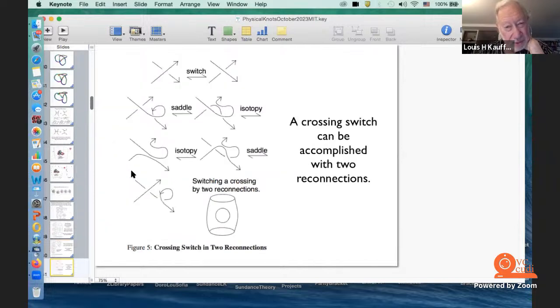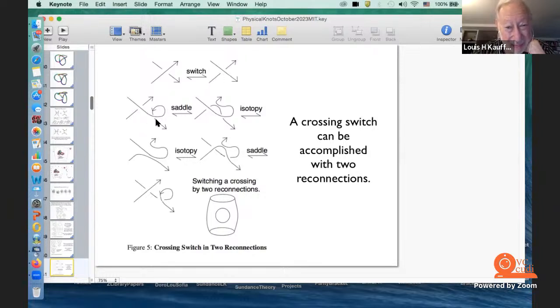But here's a nice lemma for the mathematics. If you want to switch a crossing in a diagram, you can do it by 2 reconnections. And here's the story. You start with the right-hand crossing, in this case.